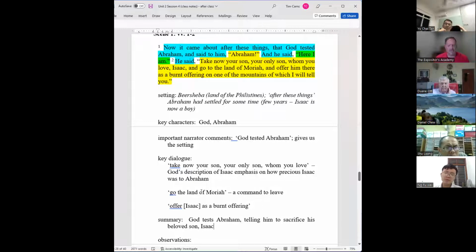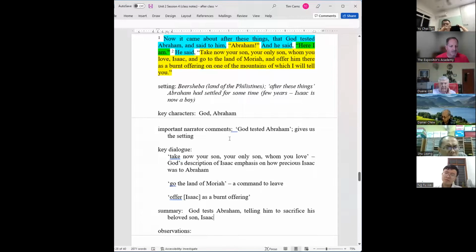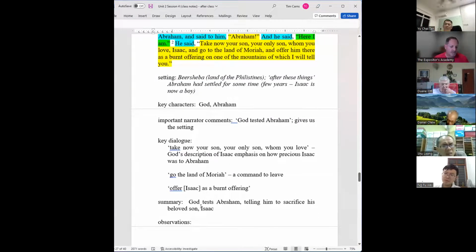Yep. Right? Something like that. The trick with summarizing something is trying to capture the main idea without repeating everything that was said. So obviously, everything's important here in the scene, but trying to capture the main thrust or focus of the scene is what we're doing here.